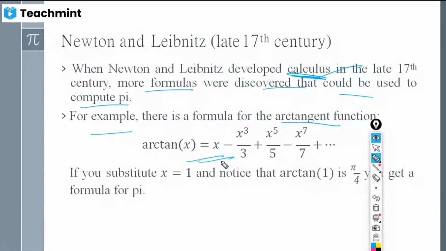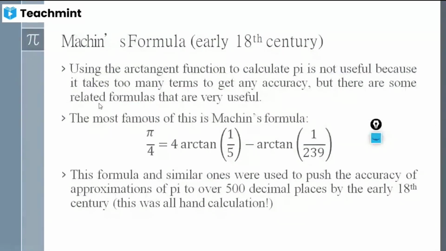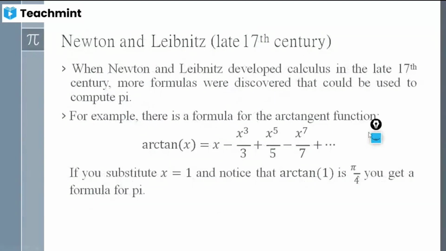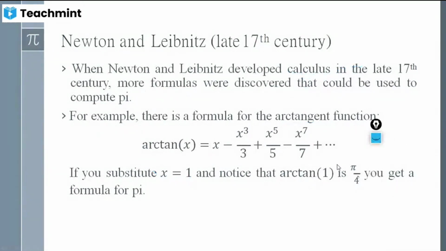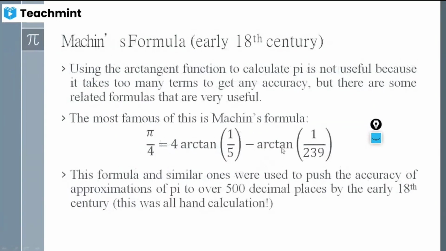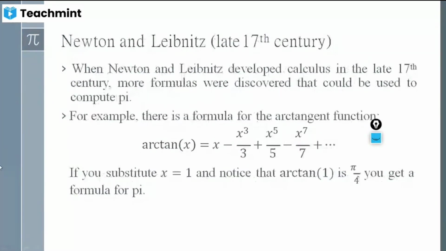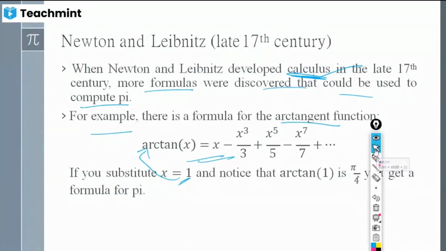If you substitute the value of x as 1 in this formula, you get the value of pi. So this was about how to get the value of pi during the 17th century, used by Newton and Leibniz.